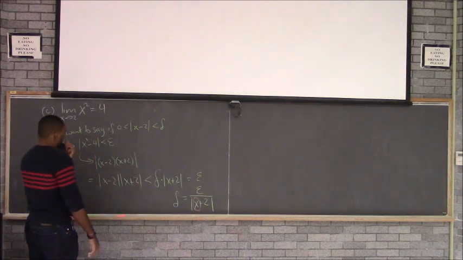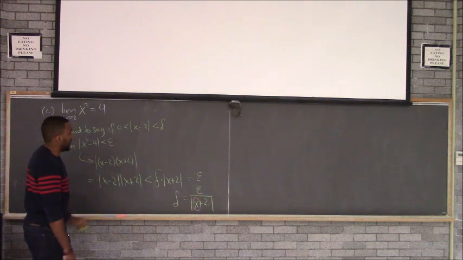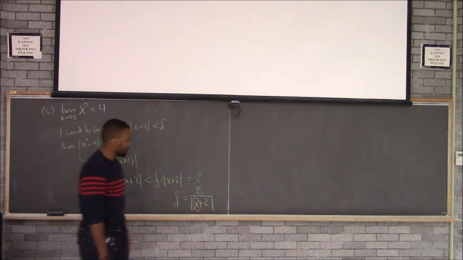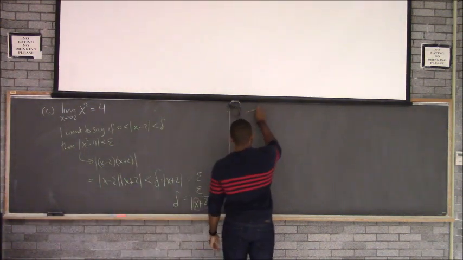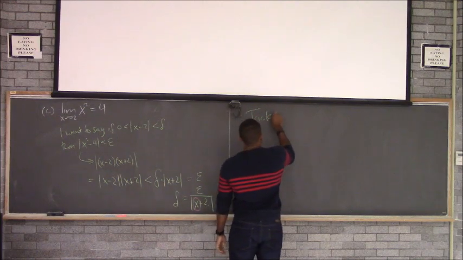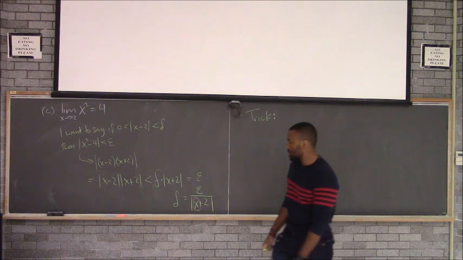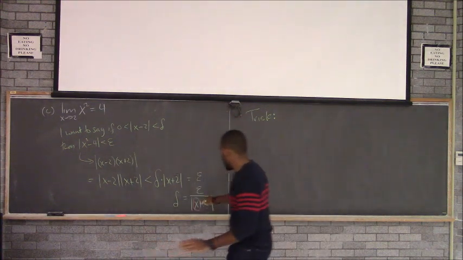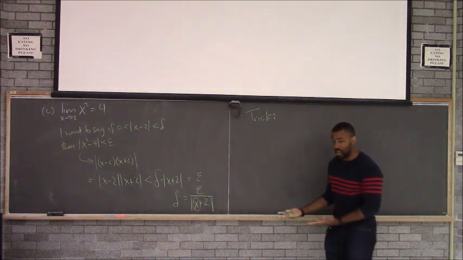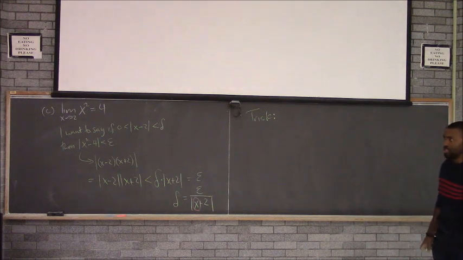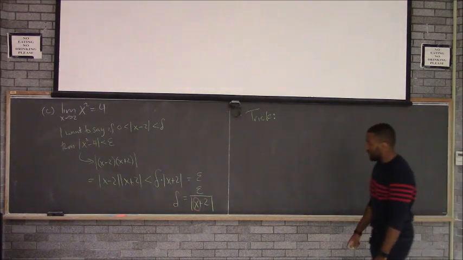And here's how you do it. Call this a trick. Whenever you're in a situation like this, you try to solve for your delta to make everything work out, and somehow you have variables in there so you don't really know what the delta is going to be, because they don't tell you the x values.